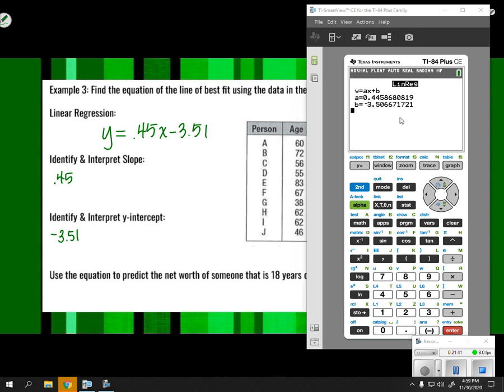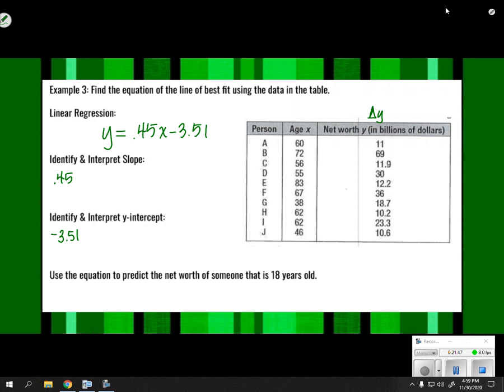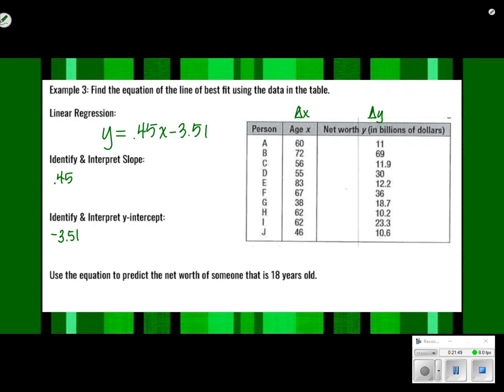So that means we need our units. And so we're looking at change in y over change in x. So we're looking at change in billions of dollars per year, basically.